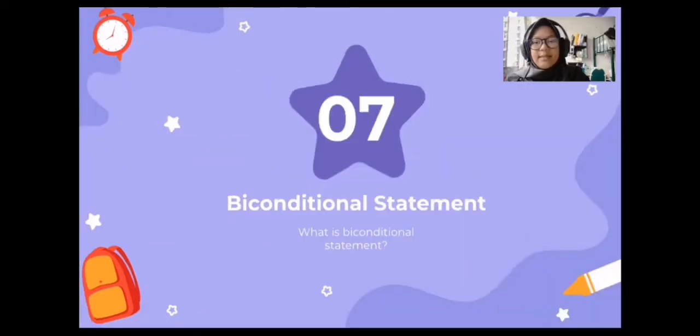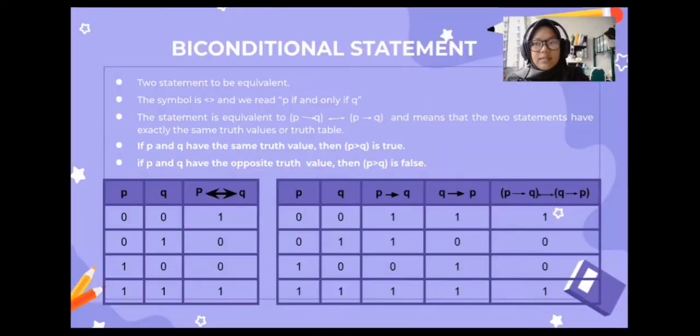A biconditional statement is two statements that are equivalent. The symbol we use for this is ↔, and P ↔ Q is often read as "P if and only if Q". Logically, this statement is equivalent to "if P then Q and if Q then P", and it means that these two statements have exactly the same truth table values.